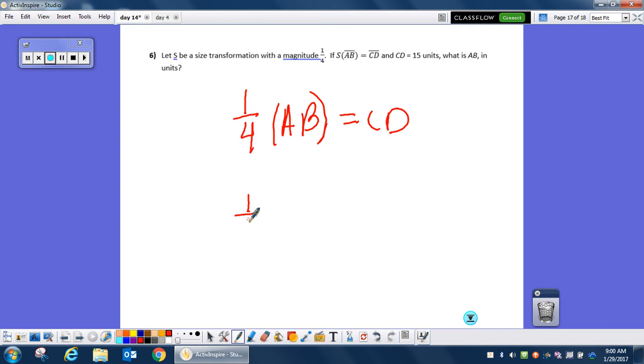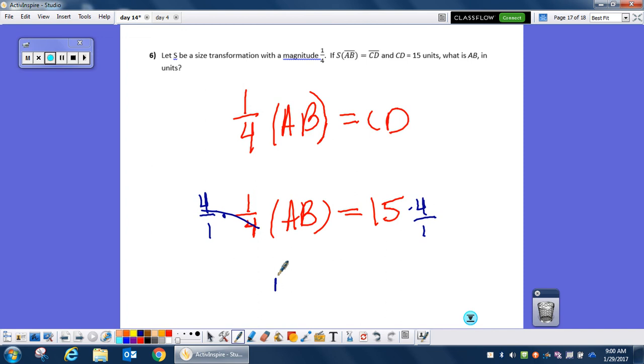So we know 1/4 of AB has to equal 15. Because the question wants AB, not CD, to get rid of that, you would multiply by the reciprocal. So we will be checking to make sure that you can now say AB equals. It should be a number.